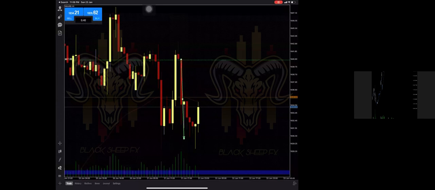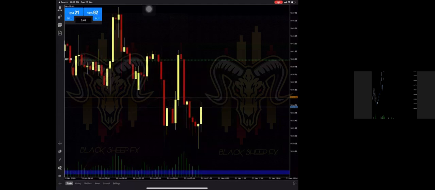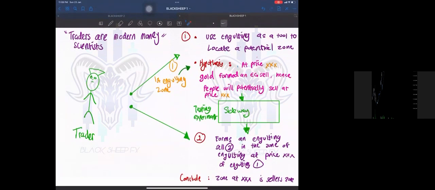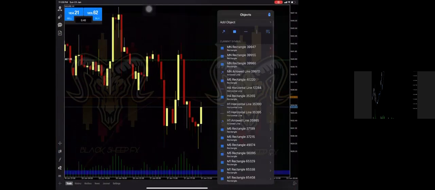First, we need to identify potential zones using engulfing. Because, like I said, when you enter the market, you have to develop your hypothesis before you begin your experiment. You cannot just say you want to create an experiment. That means you cannot just say, I just want to trade today. You will lose. Instead, I want to create my hypothesis and I want to locate the price. So we use engulfing as a tool to locate the price.